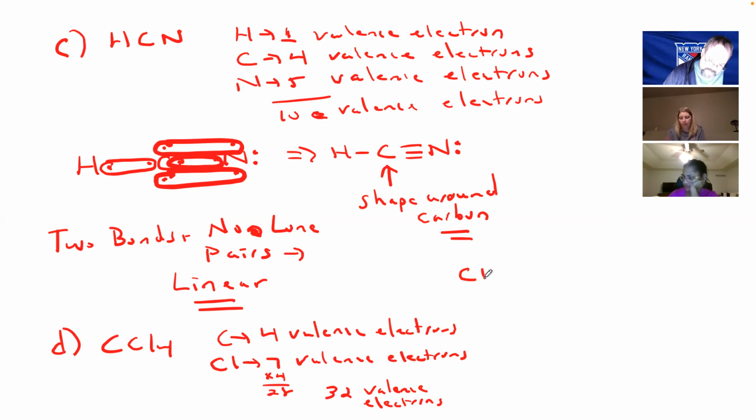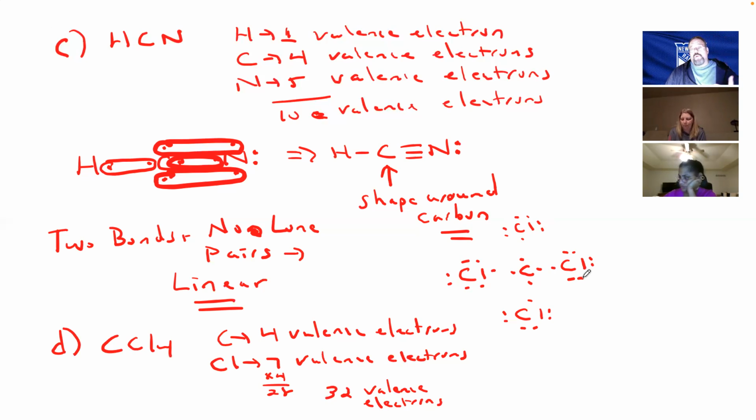The way it sets up, the carbon's in the middle. Each of the chlorines is surrounding it. So, can each of these atoms get to the magic number of 8? And the answer is absolutely yes.